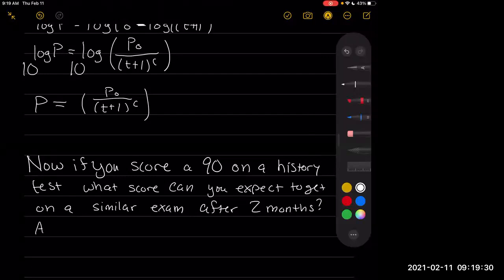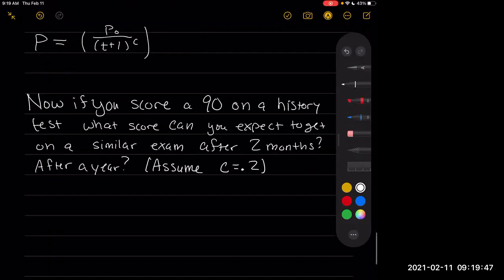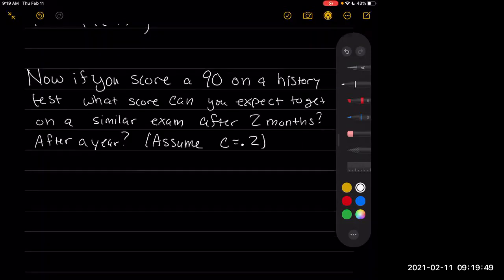And after a year? And here we're going to assume that c equals 0.2. So we have our P naught equals 90 and our c equals 0.2 and t is measured in months.